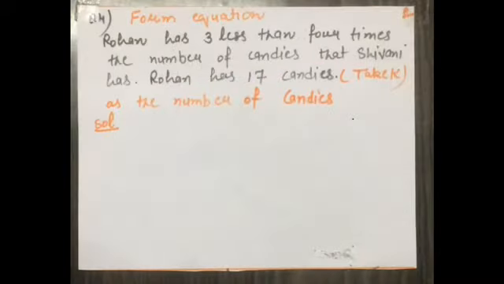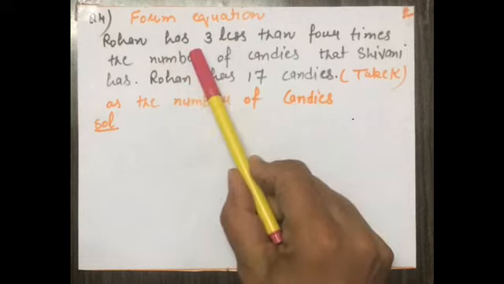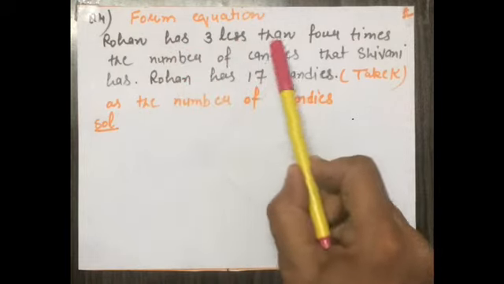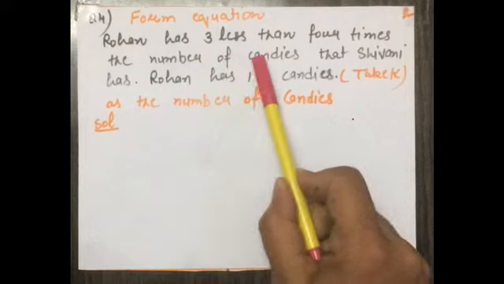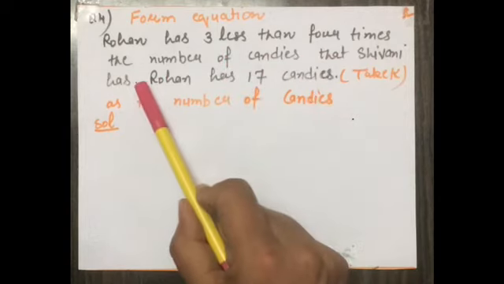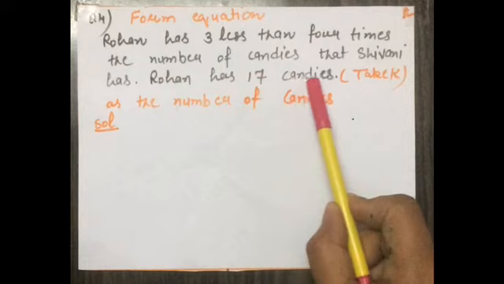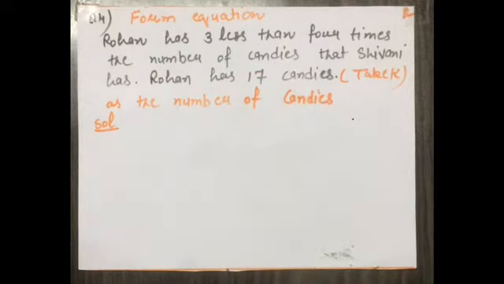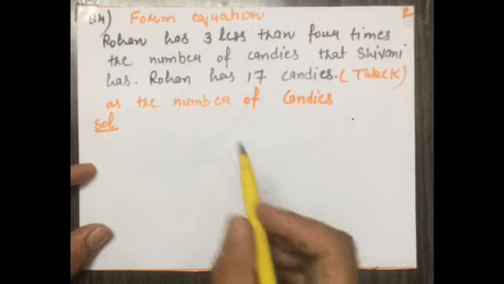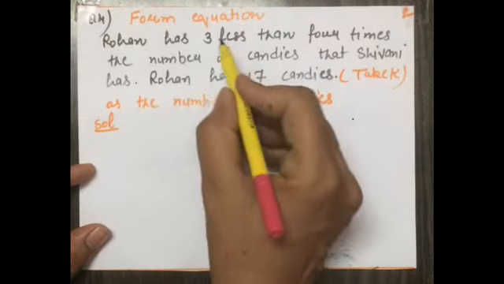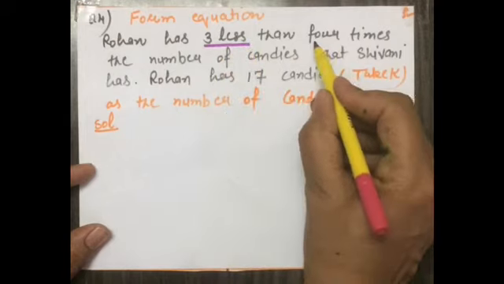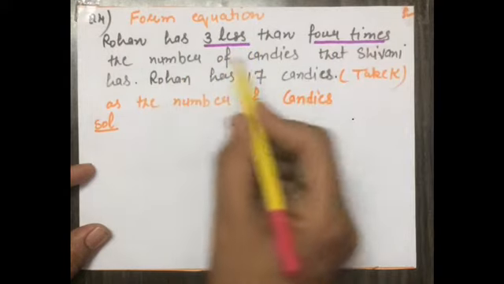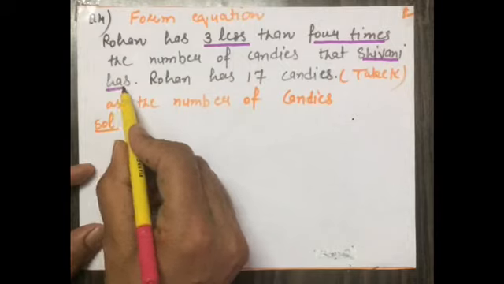Our next problem is to form an equation. Rohan has 3 less than 4 times the number of candies that Shivani has, and Rohan has 17 candies. Take k as the number of candies. We have to frame an equation for this given problem. So first see, Rohan has 3 less than 4 times the number of candies Shivani has.